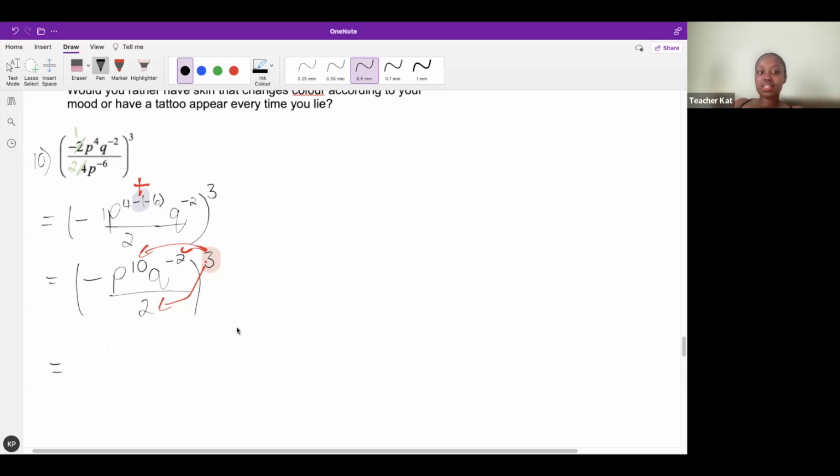Why can I leave this negative outside, guys? We are cubing, right? And if you cube a negative number, cube means to the power of 3. If you cube a negative number, will your answer be positive or will it be negative? Nice.